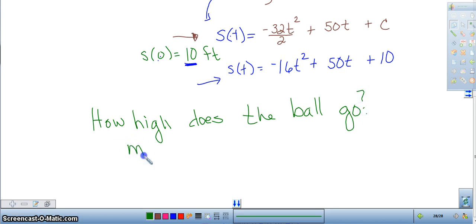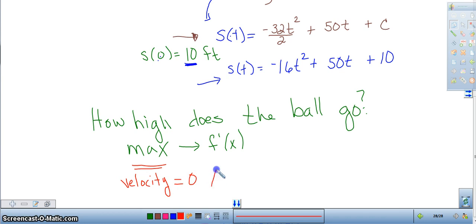Well, that happens at a max. And in calculus, to find a max, we use what I would call the first derivative, right? Or better yet, a max happens when the velocity is 0, right?